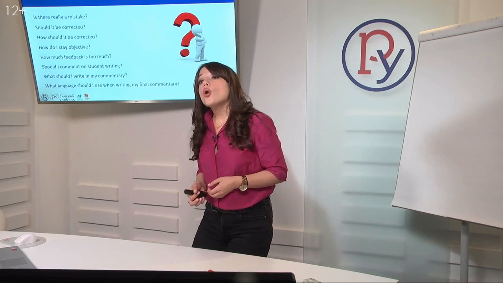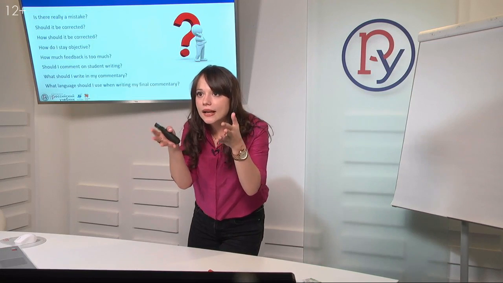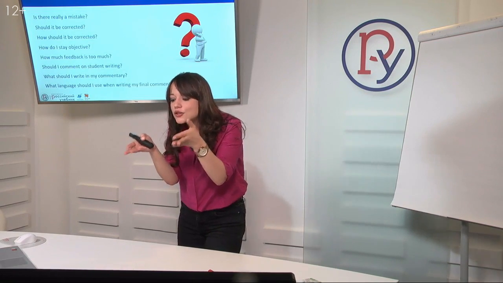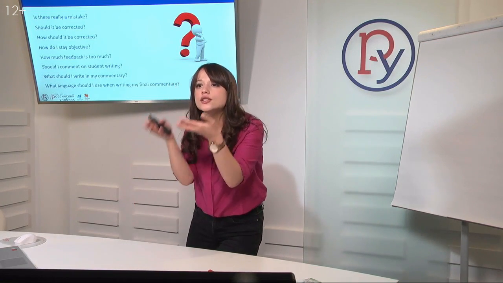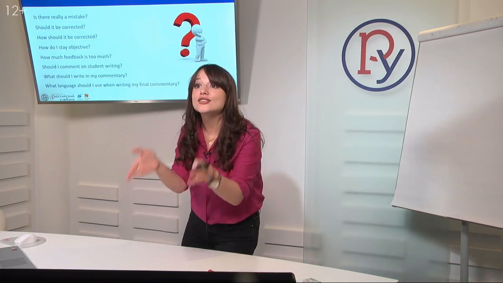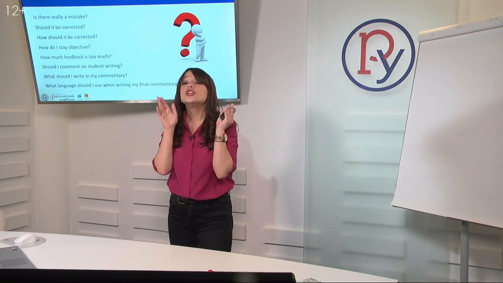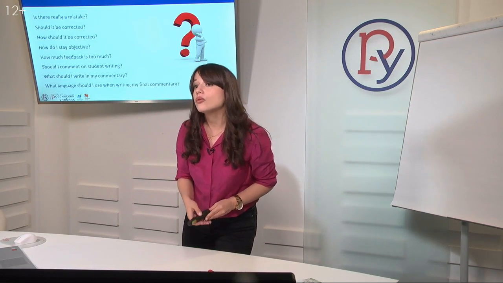Again, we don't want to overcorrect, right? Not only is it demotivating, correcting even something that our student who struggled a lot to produce that piece of writing, correcting something that is actually correct, right? This is something that we really want to stay away from, right?